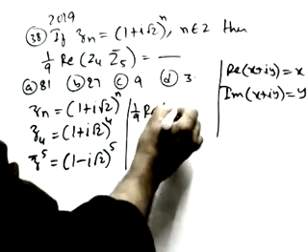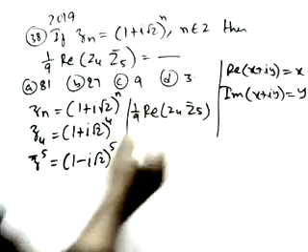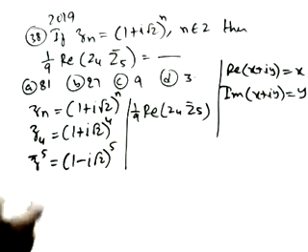So what value do we want? 1 by 9 into the real part of Z4 into Z bar power 5.